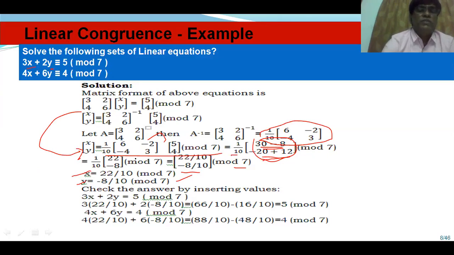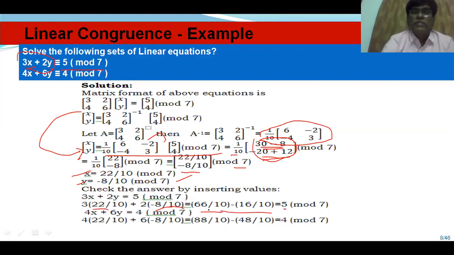Substitute here: 3x plus 2y is equal to 5. After substituting x and y values, you should get this result. So check: 3 into 22 by 10 plus 2 into minus 8 by 10 is equal to 66 by 10 minus 16 by 10, and this should be equal to 5.